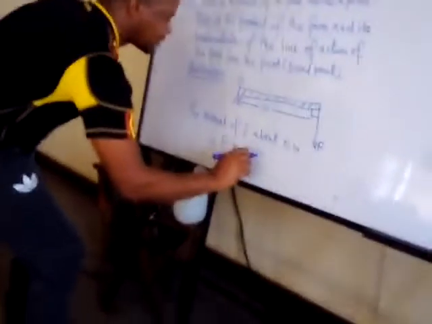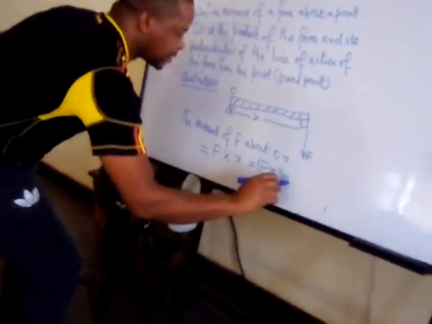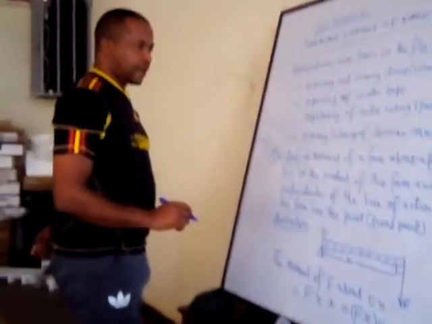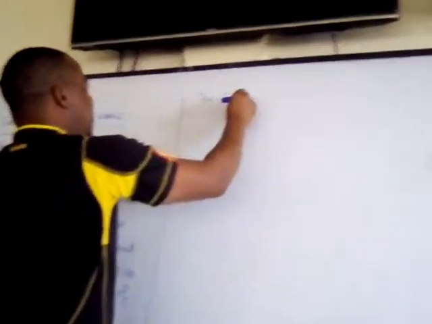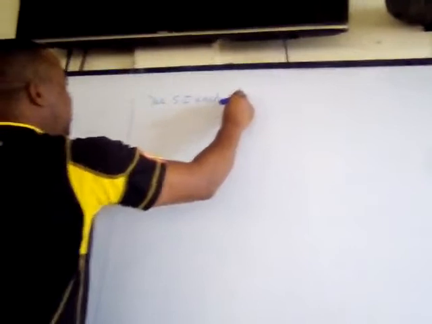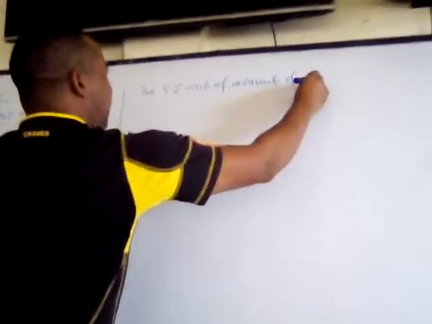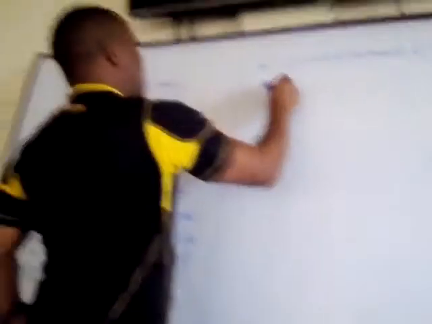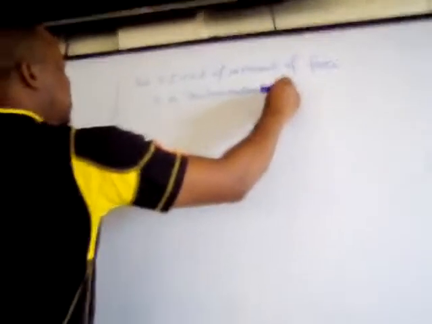This gives us Fx, and it is supposed to be in Newton meters. Therefore, we can say that the SI unit of moment of force is the Newton meter.